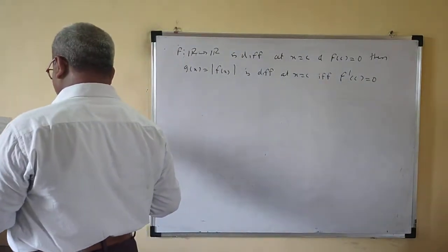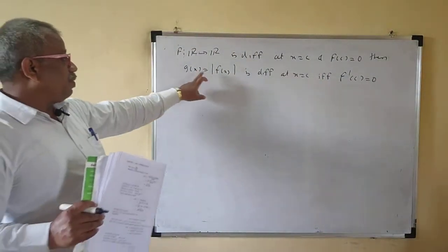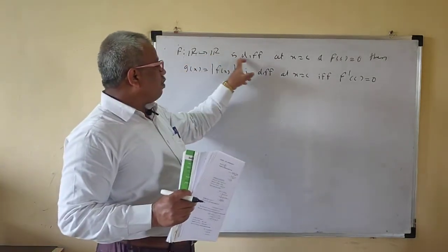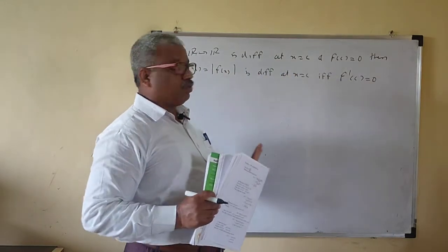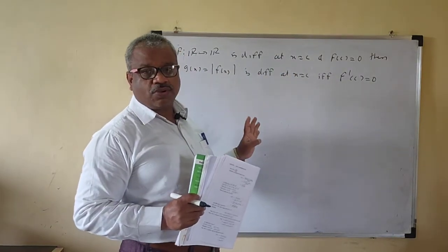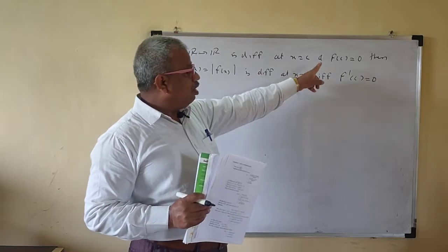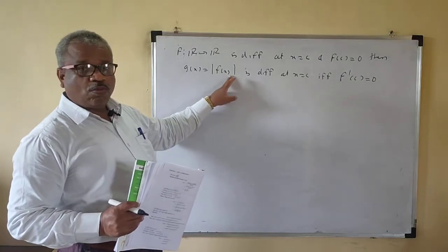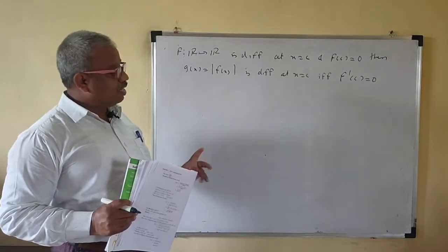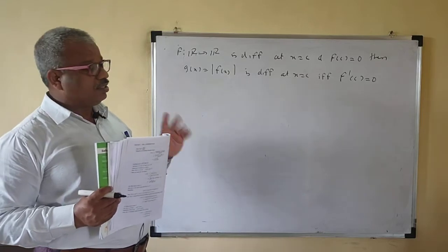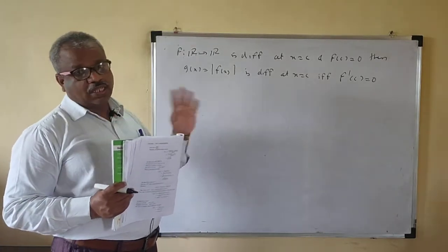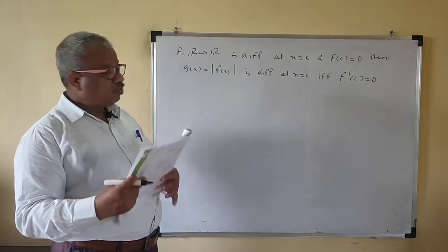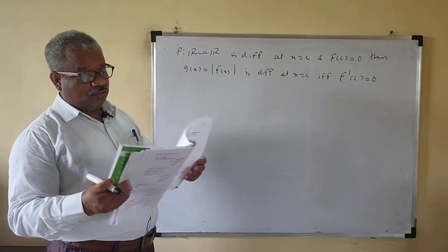So note that g of x, mod of f of x, is differentiable at c. What is given? F from R to R is differentiable at x and f of c is 0. The value of f at c is 0 is provided to you. Then g of x is equal to mod of f of x is differentiable at x only if f prime c is equal to 0. Otherwise, it will not be differentiable. Okay, so note this theorem also. You should note this statement.